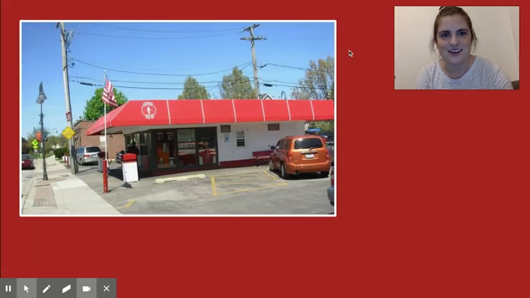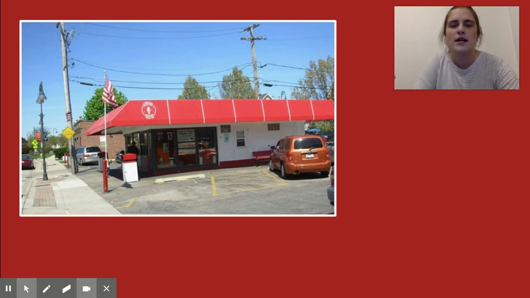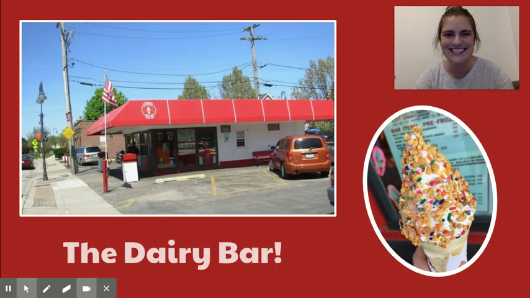All right, so now it's your turn to practice reading a bar graph. Does anyone know what this place is? It's in Glenview. Yeah, it's the Dairy Bar, which sells some pretty delicious ice cream. The people who work at the Dairy Bar were so kind that they sent over some of their data for you first grade mathematicians to take a look at and analyze.